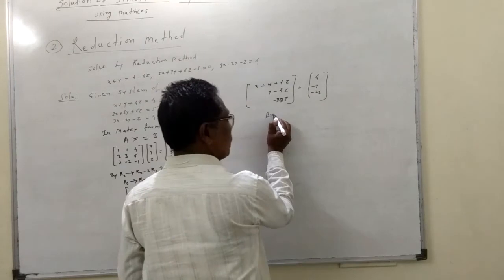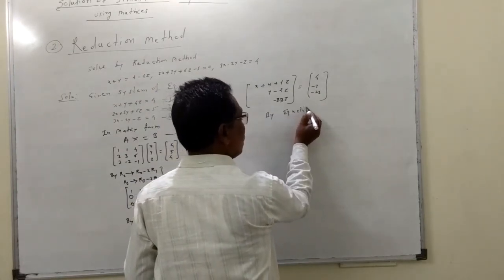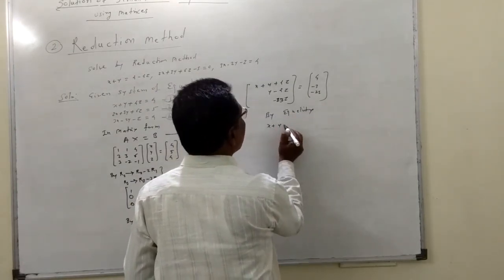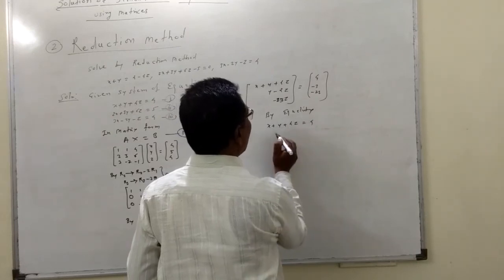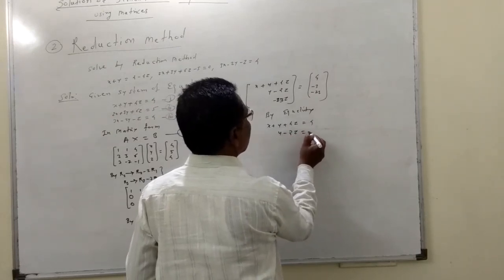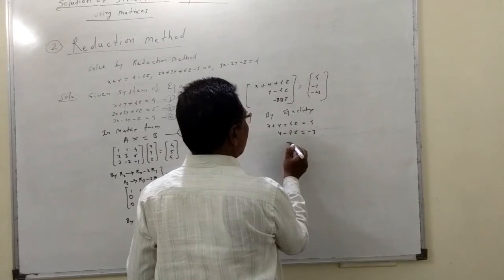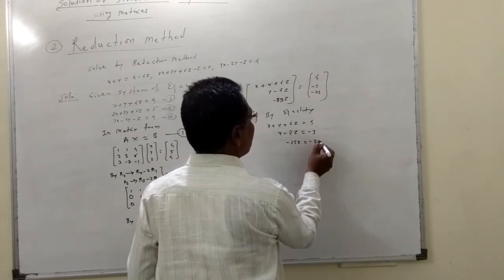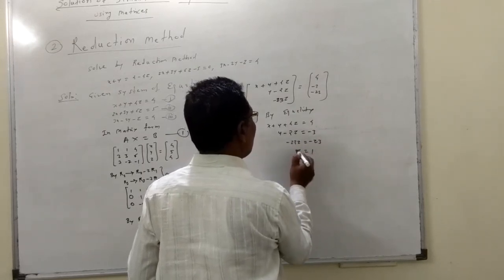So by equality, x plus y plus 4z is equal to 4, y minus 2z is equal to minus 3, and minus 23z is equal to minus 23. So z is equal to 1.